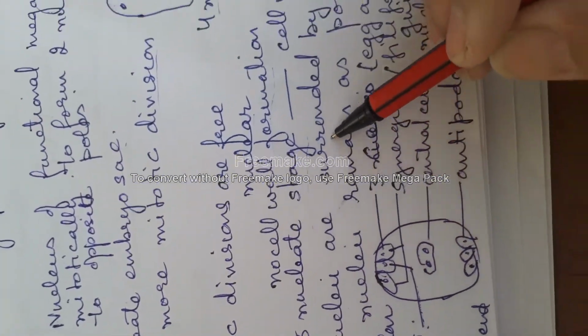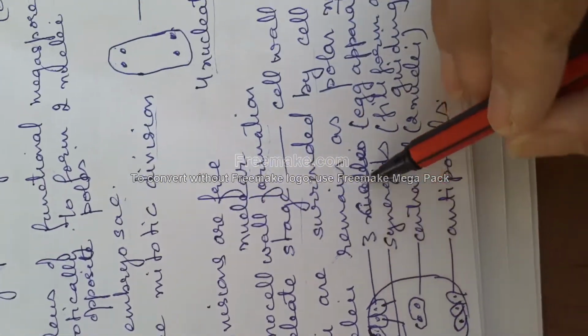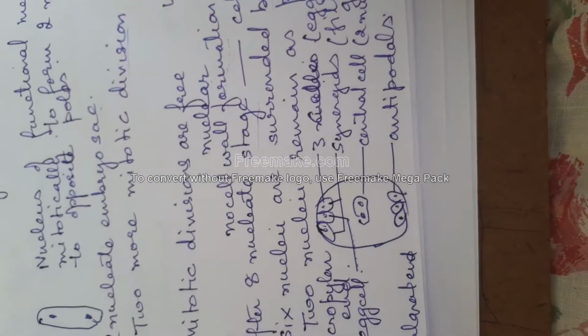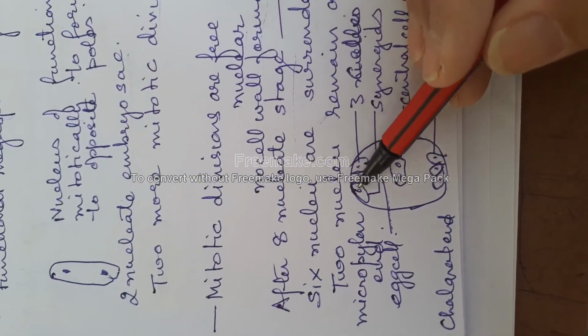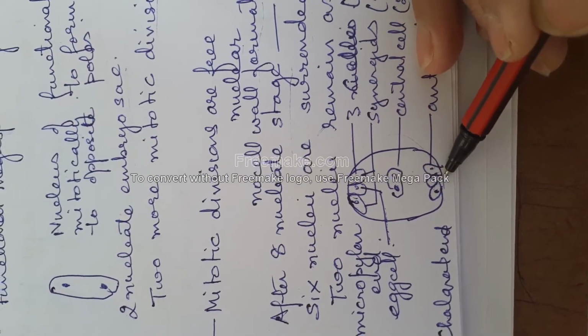Now 6 nuclei are surrounded by cell wall and 2 nuclei remain as polar nuclei, which are also called the central cell. Now this is the structure of the embryo sac. This is the central cell. These are the 6 cells which are surrounded by cytoplasm.